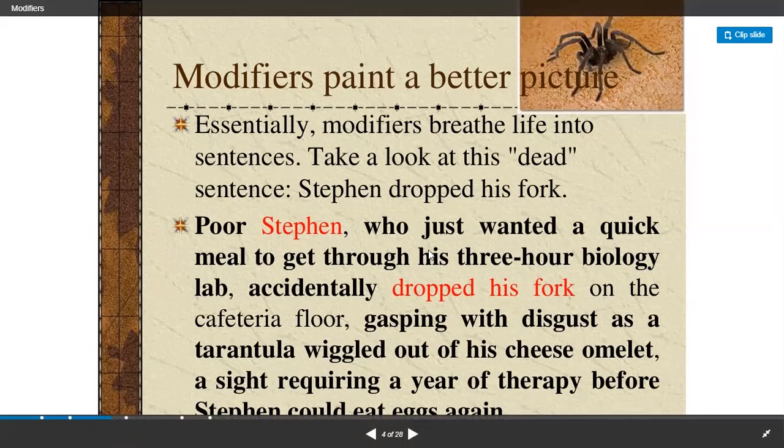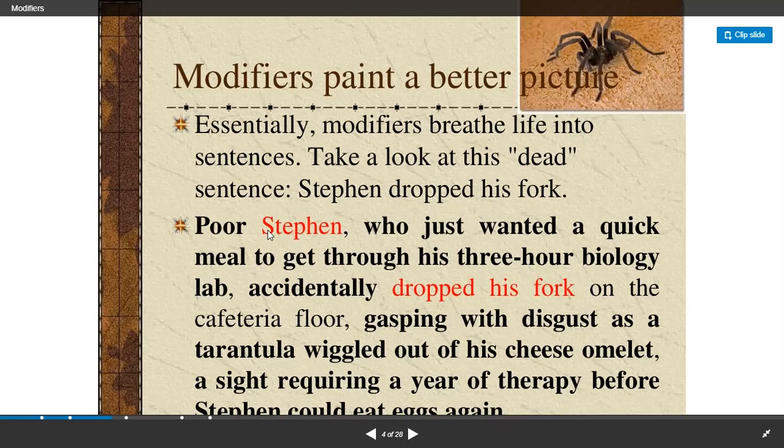Poor Stephen, who just wanted a quick meal to get through his 3-hour biology lab, accidentally dropped his fork on the cafeteria floor, gasping with disgust as a tarantula wiggled out of his cheese omelette, a sight requiring a year of therapy before Stephen could eat eggs again.